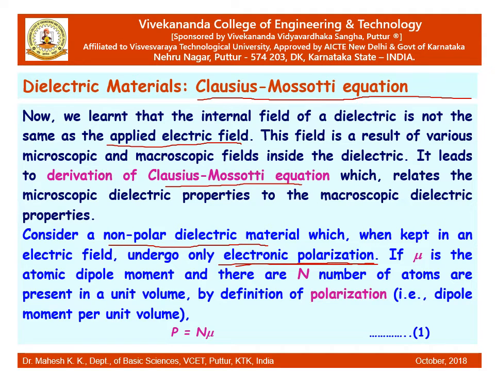If mu is the atomic dipole moment and there are n number of atoms present in a unit volume, then by definition of polarization, P is equal to n into mu. Let that be equation 1.